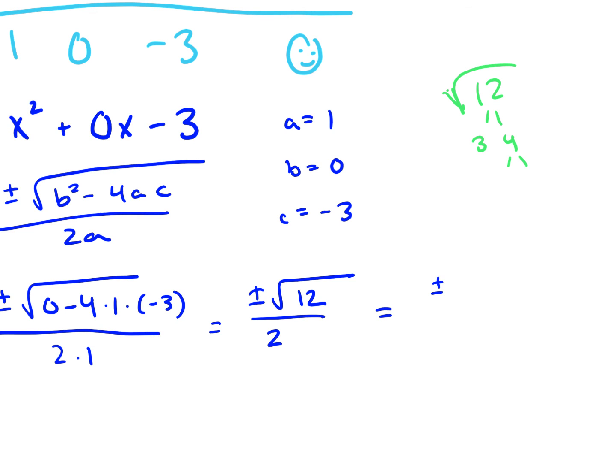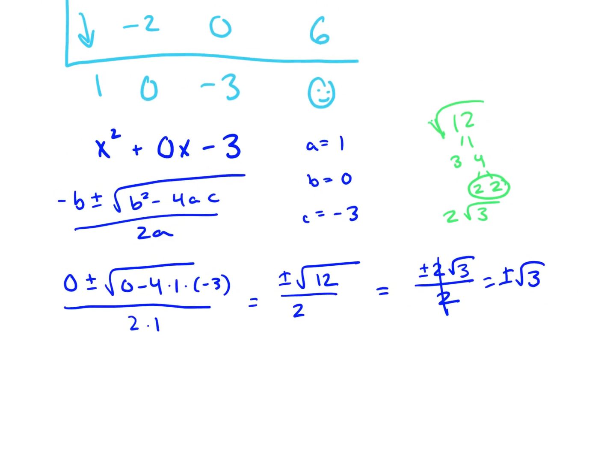And 4 breaks down into 2 and 2. So I have a group of 2's. So what comes outside? 2. And then what stays inside? 3. So this would be 2 square root 3 over 2. And then can I simplify this? The 2's cancel. So I have plus or minus square root 3.